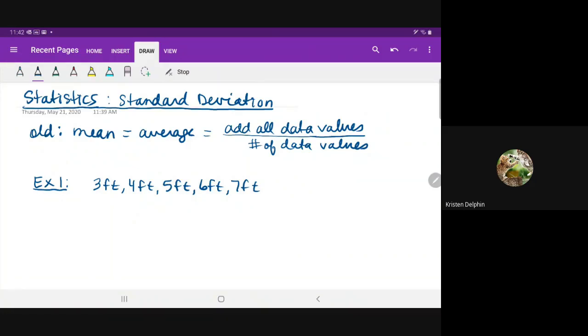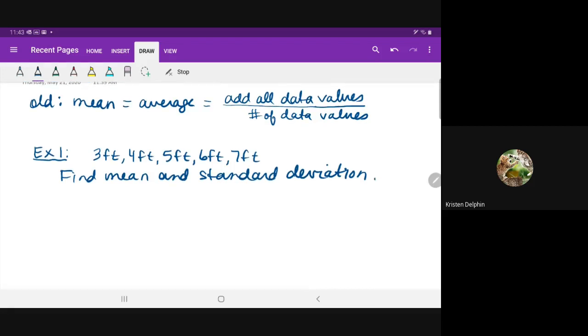It asks you to find the mean and the standard deviation. I haven't shown you how to find the standard deviation yet, but find the mean and the standard deviation.